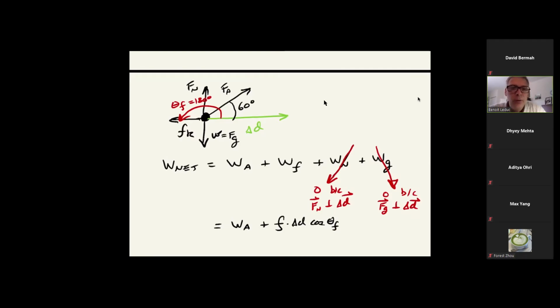And what is cos of 180, guys? Anyone? Yeah, Day again. -1. Yeah, -1. Absolutely, yes. So let's put this here: friction times delta D times cos of 180 degrees.